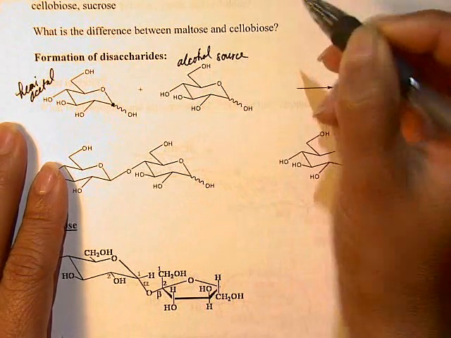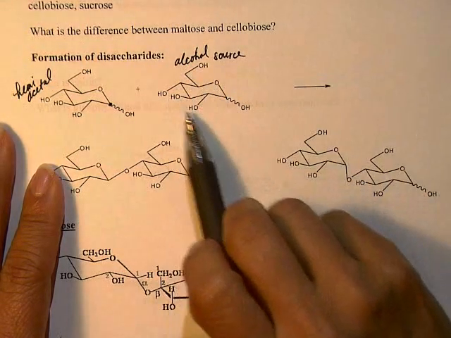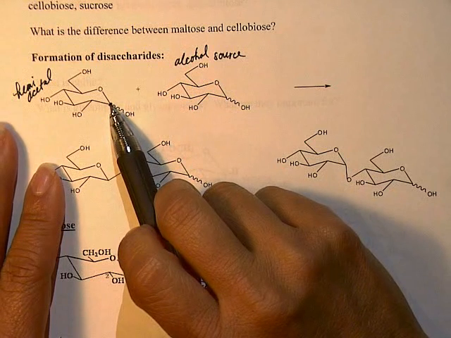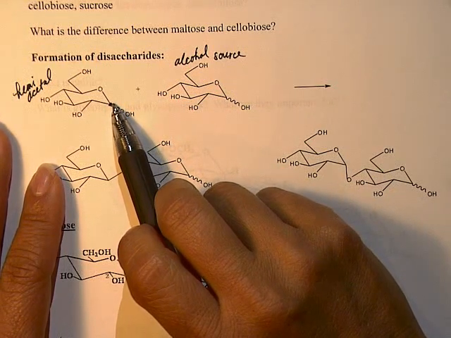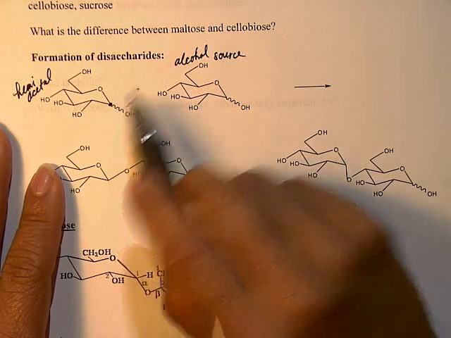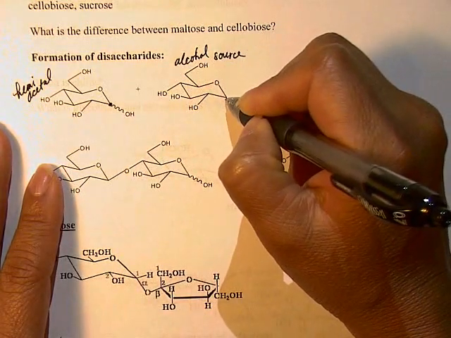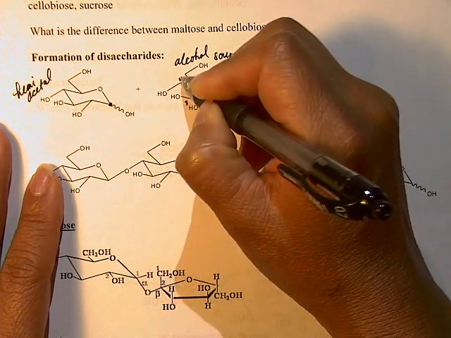One question that might pop into your head is, which of the OHs is going to connect with the anomeric carbon of the hemiacetal? It turns out that in nature, it's the C4 of the second monosaccharide. So this is carbon 1, carbon 2, carbon 3, carbon 4.